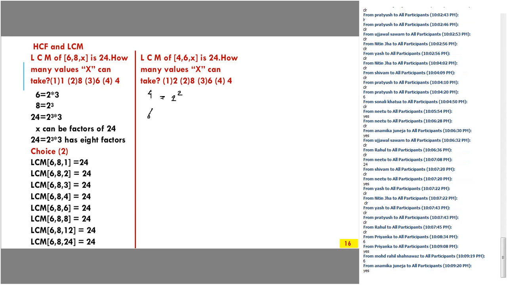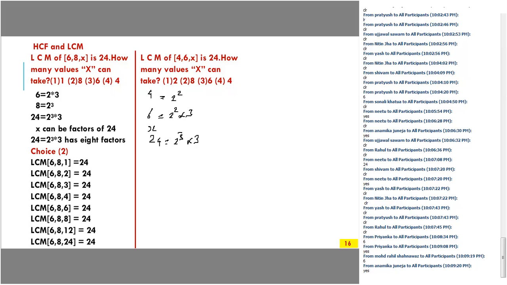What is 6? What is 24? Is 2 cubed in 4? No. Is 2 cubed in 6? No.